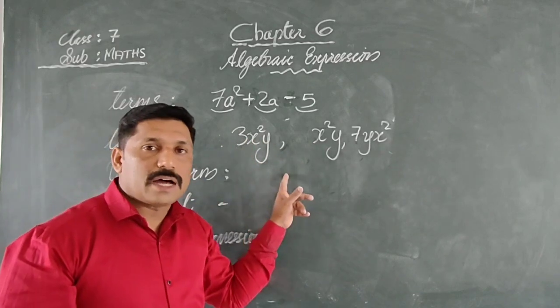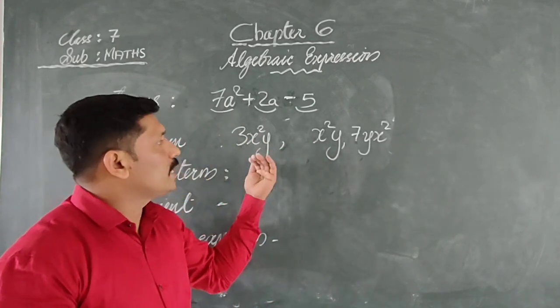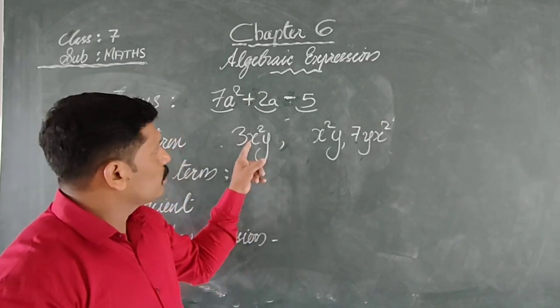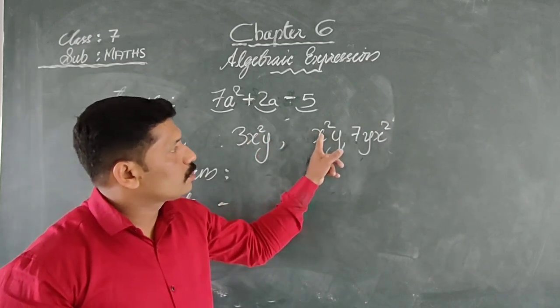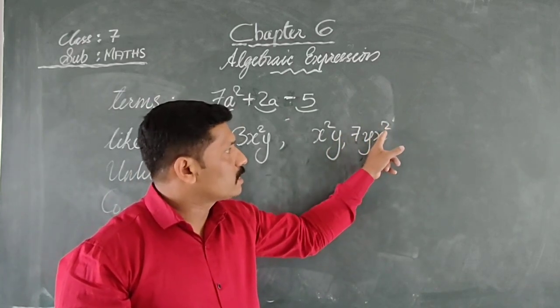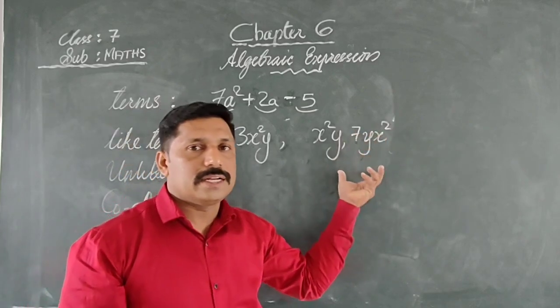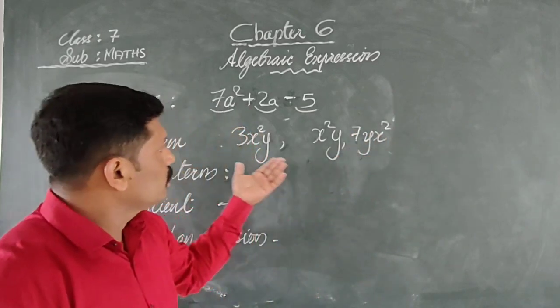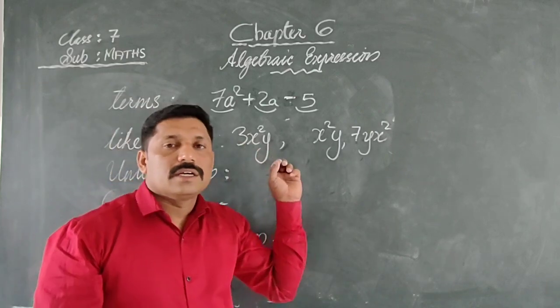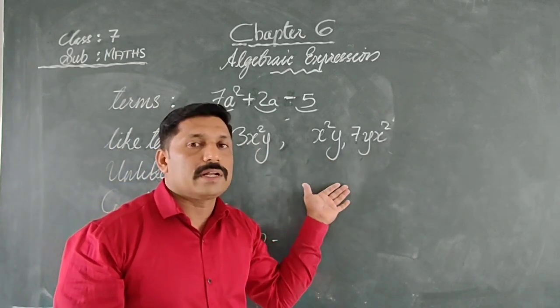If the variable parts are the same in different terms, then such terms are called like terms. Here x square y, here also x square y, here yx square. This also matches, x square power is the same and the variables are also the same. Their order is changed, but that doesn't matter. So like terms are terms with the same variable part having the same power.